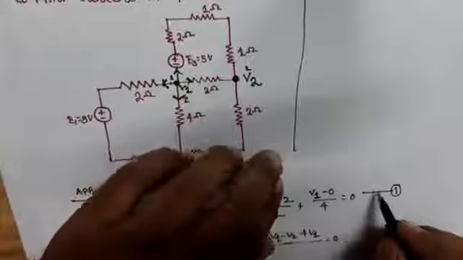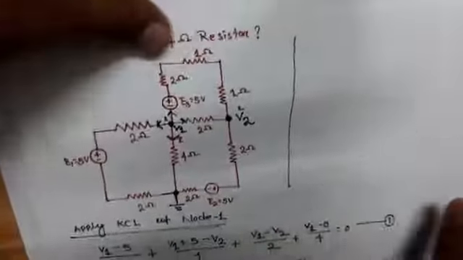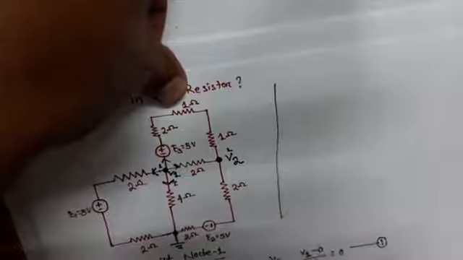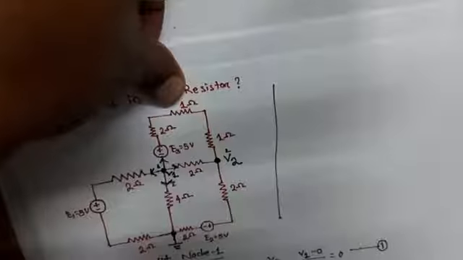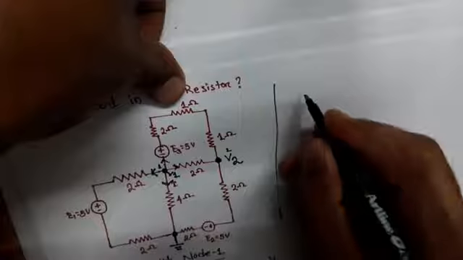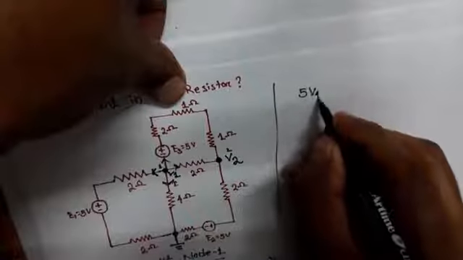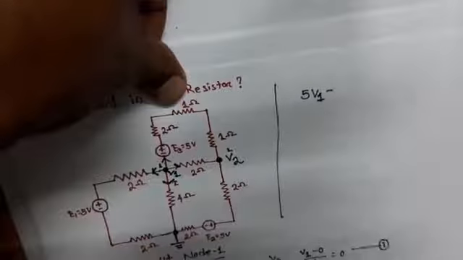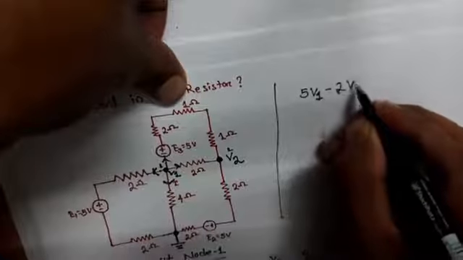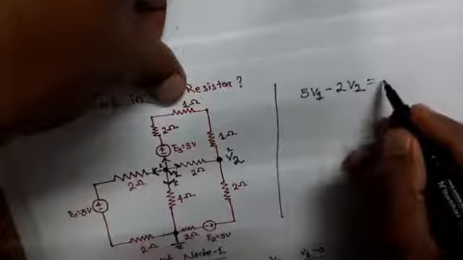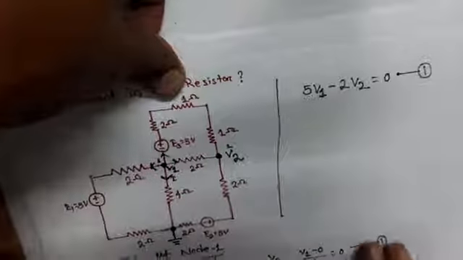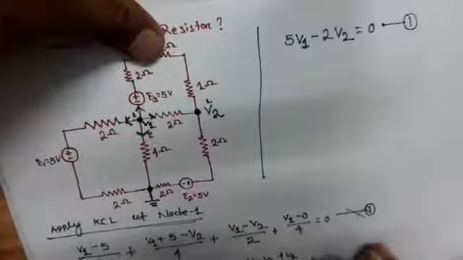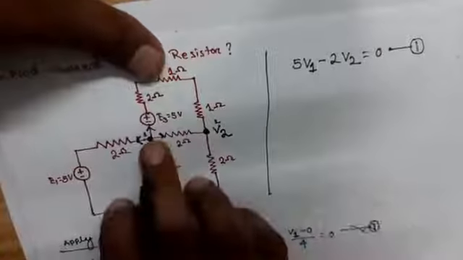When we simplify, we finally get 5V1 minus 2V2 equal to 0. This is our first equation from node 1.